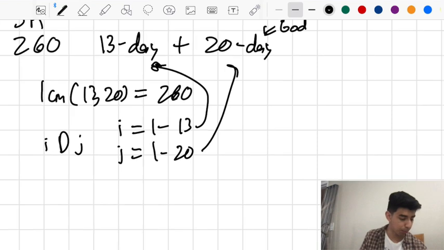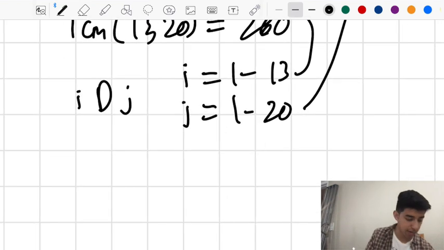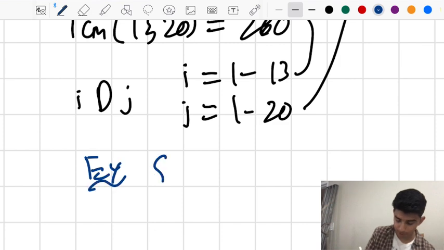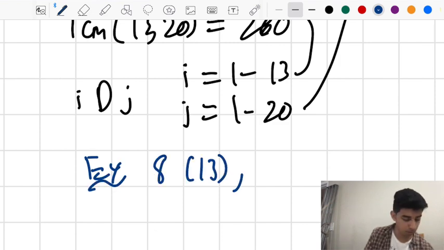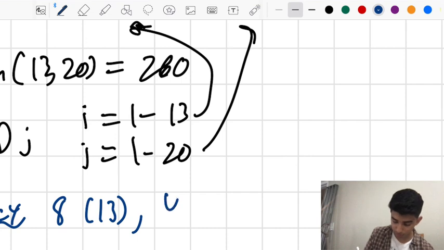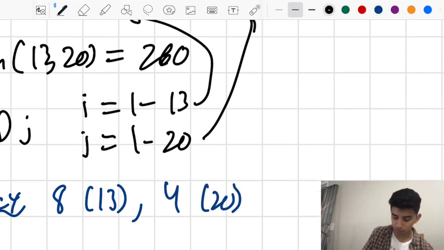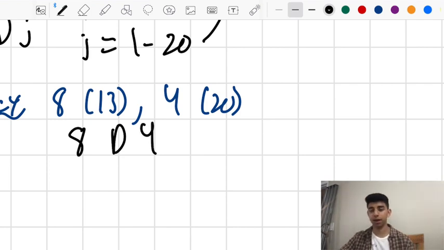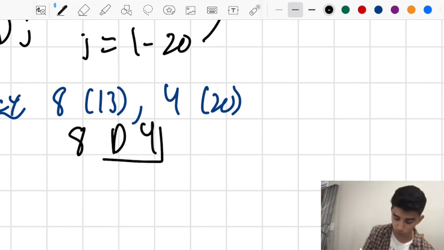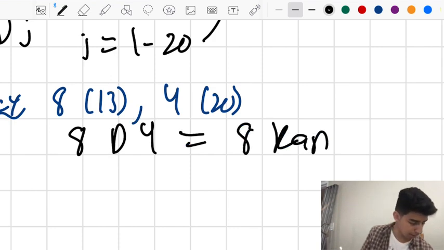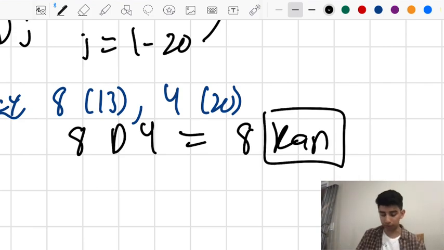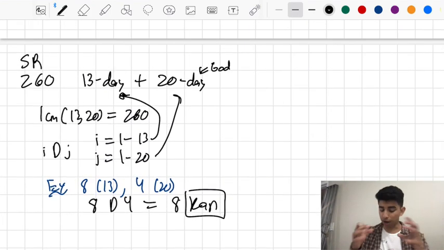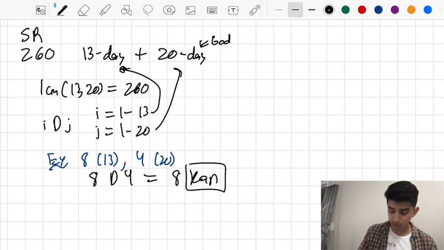An example of this: let's say we wanted the 8th day in the 13th cycle, and the 4th day in the 20-day cycle, we would write this as 8 D4. There's a table in the notes showing what D4 would be, which turns out to be 8 Kan, and Kan would have some hieroglyph for that specific god.